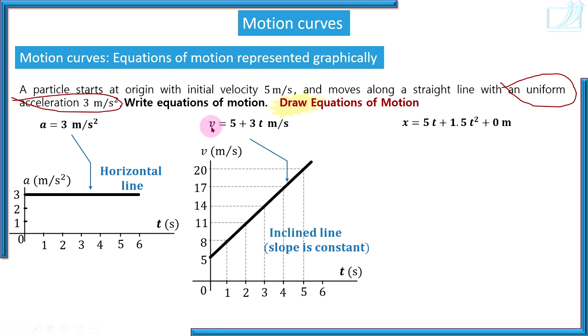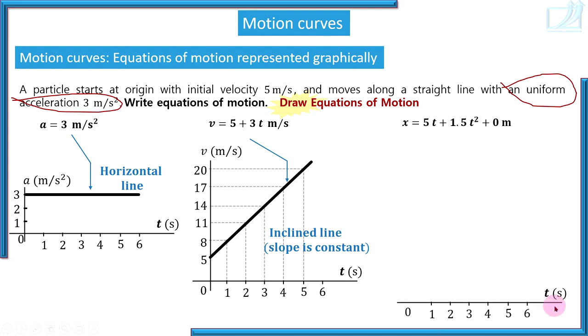Similarly, in this case, it is the relation between velocity and time. It is the v-t curve. So dv by dt is its slope, and dv by dt is nothing but acceleration, we know. So when you use this motion curves approach, remember this statement: acceleration is the slope of the v-t diagram. It means when acceleration is constant, slope of the v-t diagram is constant, and constant slope means an inclined straight line.